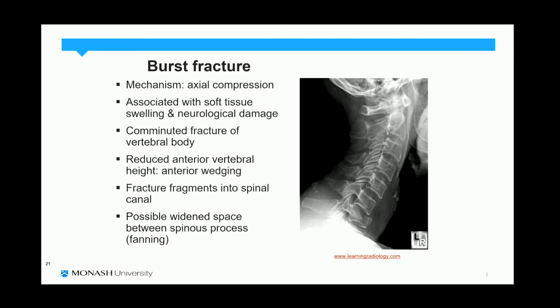A burst fracture occurs due to axial compression, so with somebody, for example, diving and the head hitting a rock or something, and is associated with soft tissue swelling as well as neurological damage.